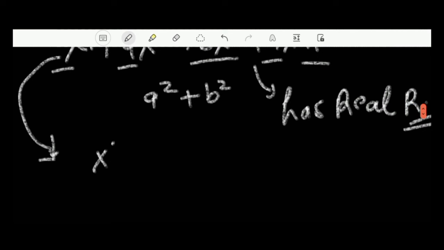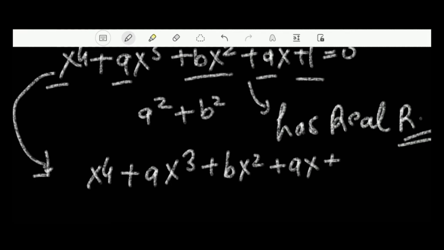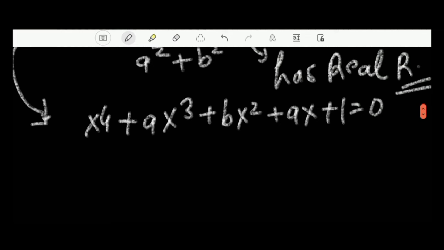So we can simply write it as x to the power 4 plus ax to the power 3 plus bx square plus ax plus 1 is equal to 0. And now divide this polynomial by x square.